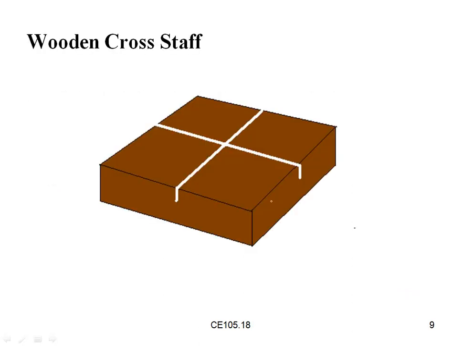So this is the wooden crossstaff. This is another category. At the bottom an iron rod will be there, so it will be fixed on the ground. There will be threading, and in the threads it will be fixed.